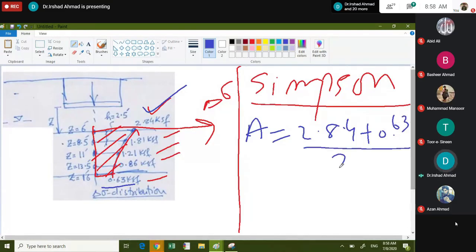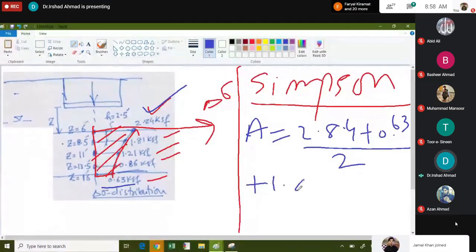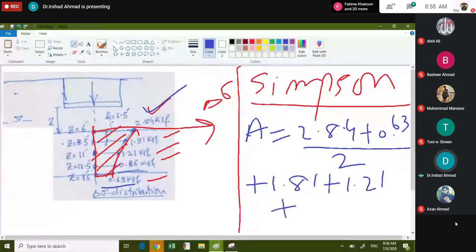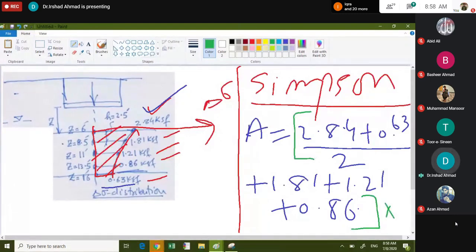divided by 2, and add the rest of the ordinates, which are 1.81 plus 1.21 plus 0.8686, and then you multiply this with the increment, which is 2.5 feet. Fine. That would give you the area.